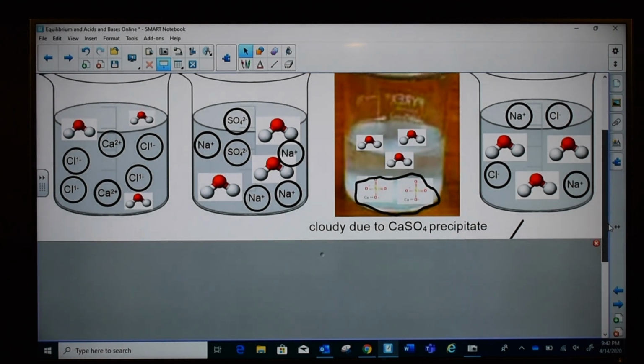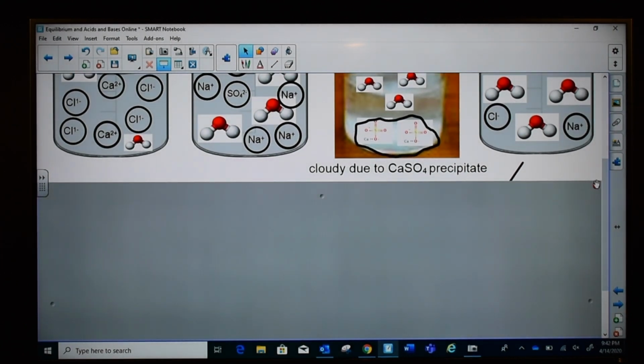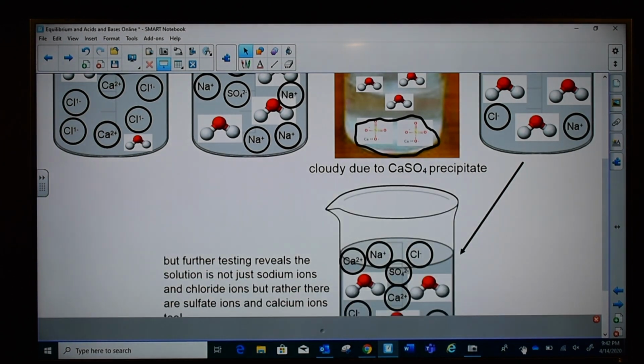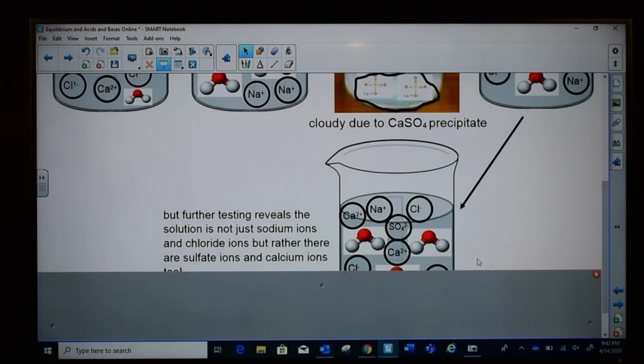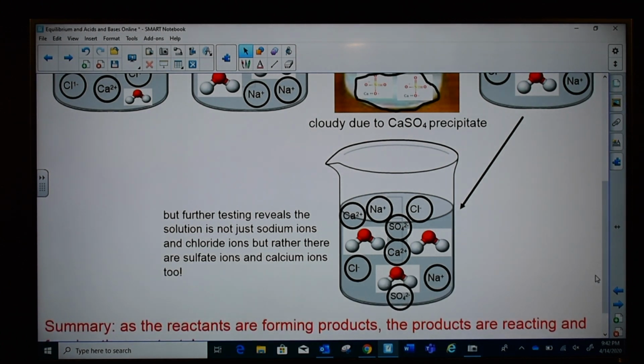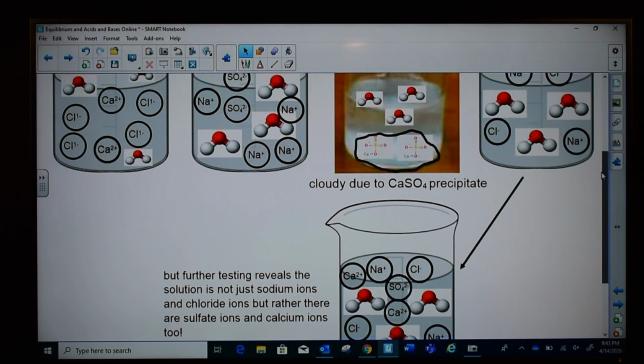You would have had an aha moment, noticing that you don't just see Na+ and Cl-, but you actually also found some calcium ions and some sulfate ions. You would have come running up to me and said, Mrs. Tate, that doesn't make sense. The calcium sulfate should have been left behind in that filter paper.